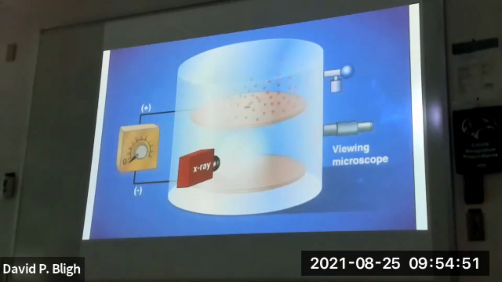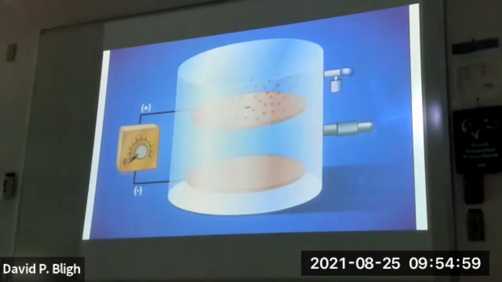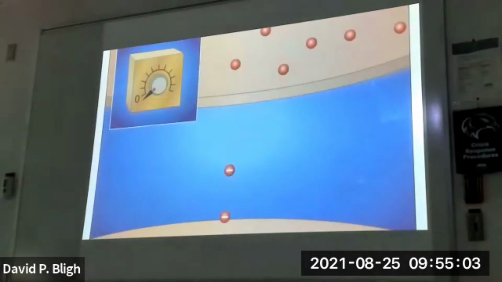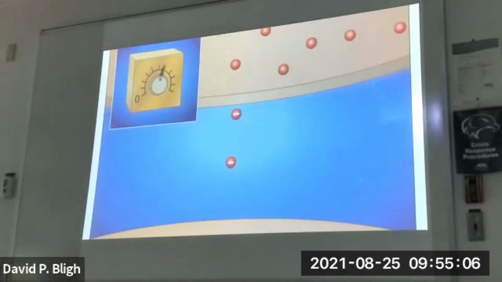Electrons from this ionization process adhered to the oil droplets. The oil droplets now carry a negative charge. The negatively charged oil droplets can be halted by adjusting the voltage across the two plates. As the voltage across the plates is increased, the velocity of the oil drops slows. As the voltage is increased further, some drops will begin to move upward toward the positive plate. If the voltage is set just right, an oil drop can be suspended.